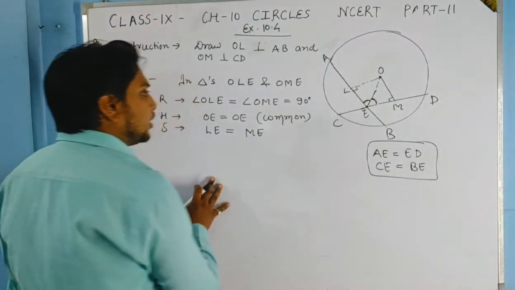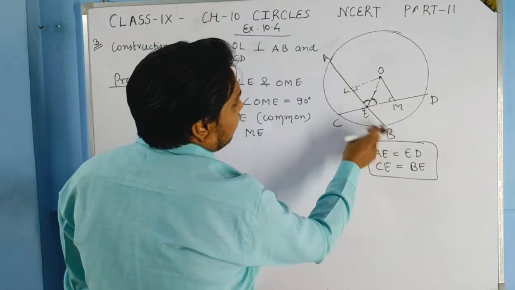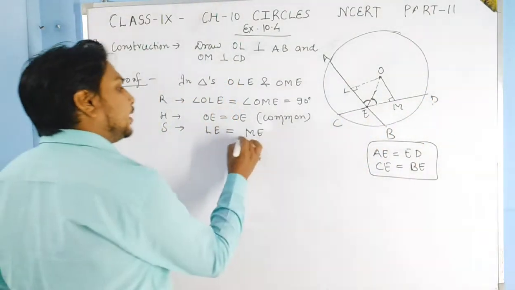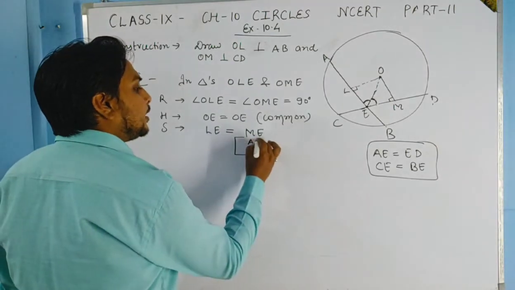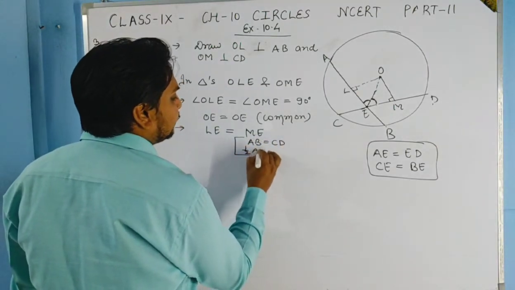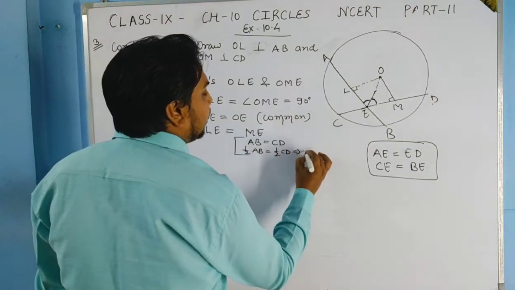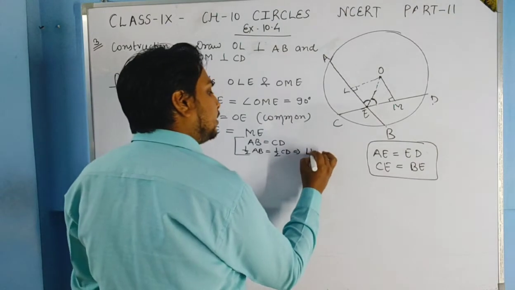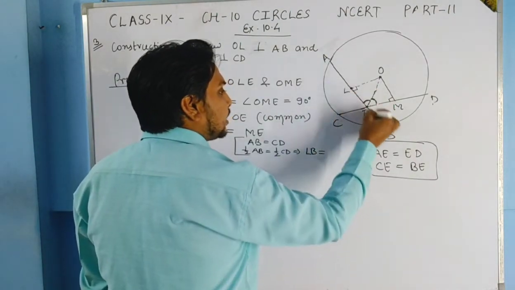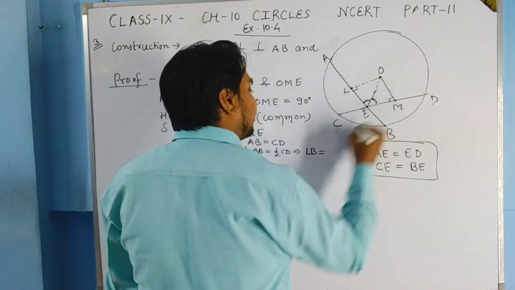Okay, so students, here you can see that this is the chord AB and this is the chord CD. So here in the reason of this you will write that AB is equal to CD. So half of AB will be equal to half of CD. This will imply that LB is equal to, see, half of AB means LB and half of CD means CM.